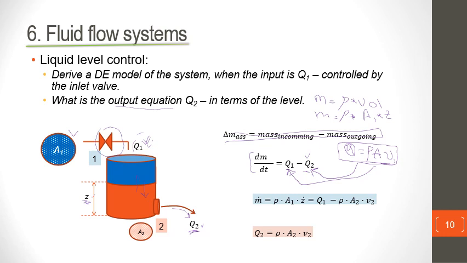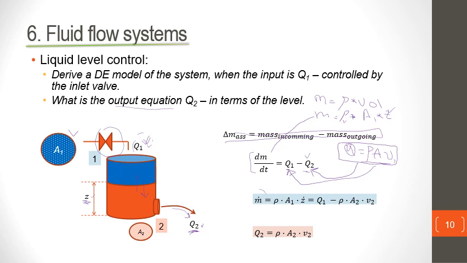Now the mass, we said, is equal to density times area times the height. So if we are looking at the derivative of mass with time, the only term that can change is the height. The density of the fluid is the same, the cross-sectional area of the tank remains the same, but the mass changes because the level of the fluid in the tank changes.